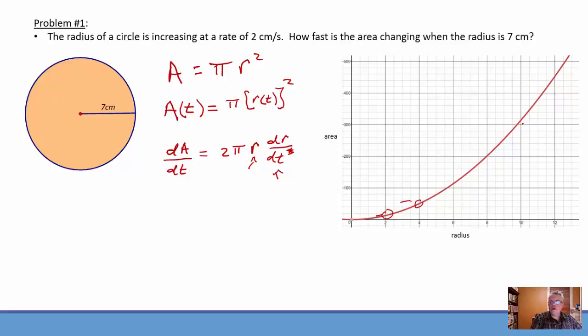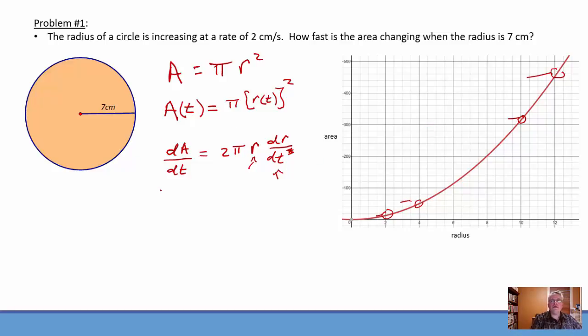But if r is larger, like say 10, the area of the circle would be the y-coordinate of that point. And if we let r change by 2, it would be way up here. The area would increase this much. So we see that the rate the area is changing not only depends on the rate the radius is changing, but on the actual value of the radius itself. So when the circle's bigger, as the radius changes, the area changes much more quickly.